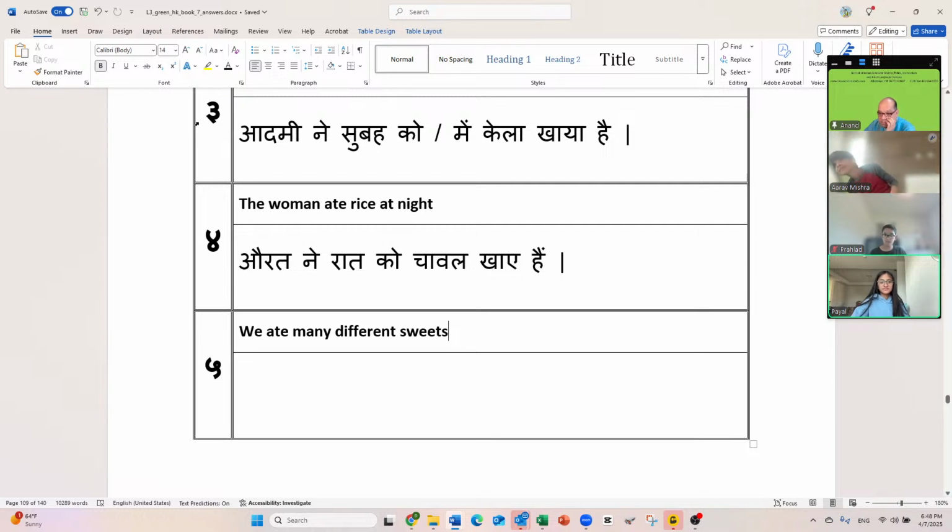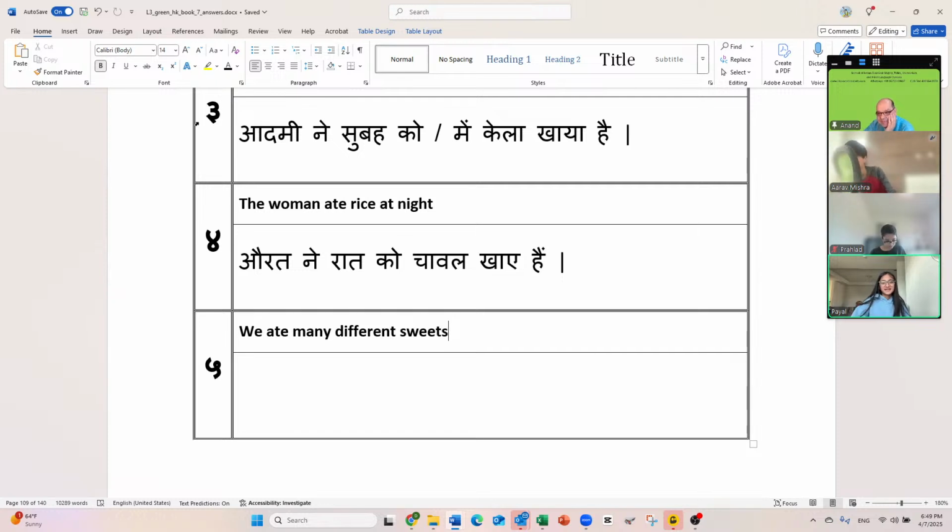सबने, Sabne. What is the Hindi word for we? Arav, give us the Hindi word for we. I think it's hum. Hum. Okay. Start with hum.